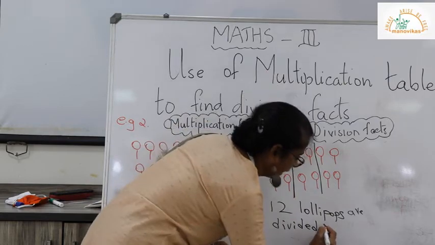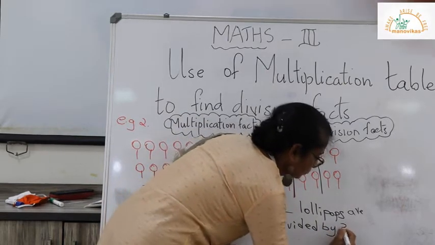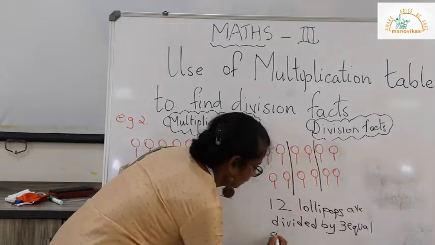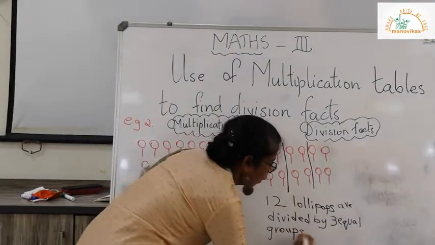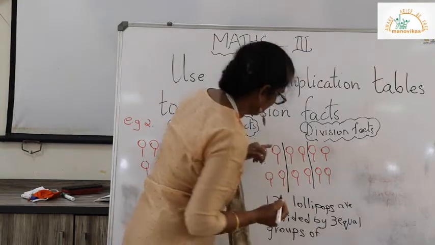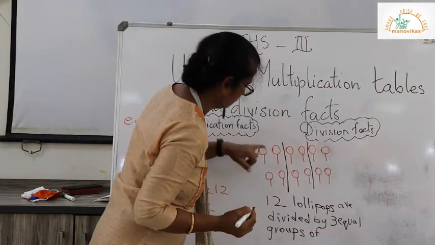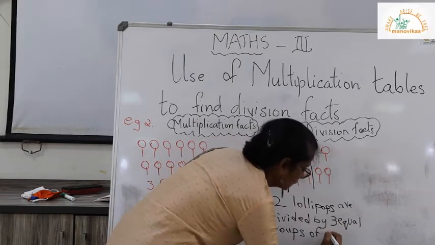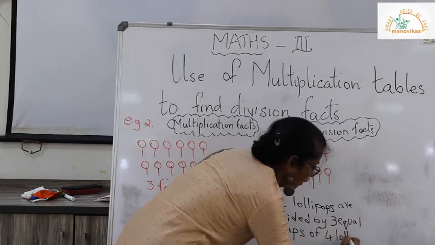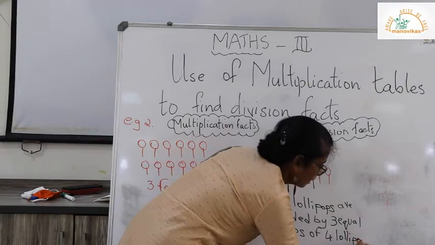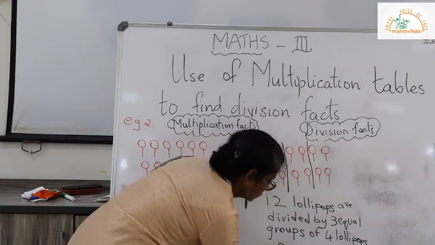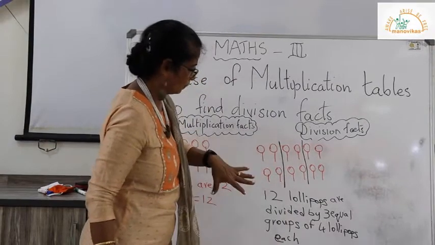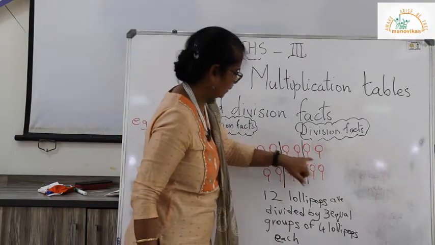So divided by 3 equal groups of, how many lollipops are there in each group? 1, 2, 3, 4. So 3 equal groups of 4 lollipops each. We have 12 lollipops divided into 3 equal groups.